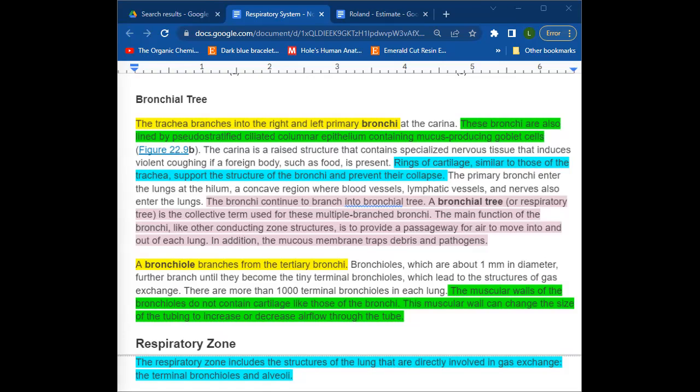And then again, they're going to have pseudostratified ciliated columnar epithelia with goblet cells. Basically the goblet cells make mucus, the mucus traps debris and pathogens, and then the cilia sweep the mucus-trapped particles towards the throat. And from there, they can just be swallowed.